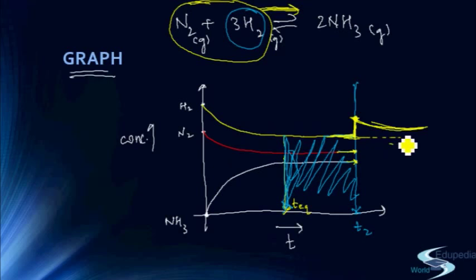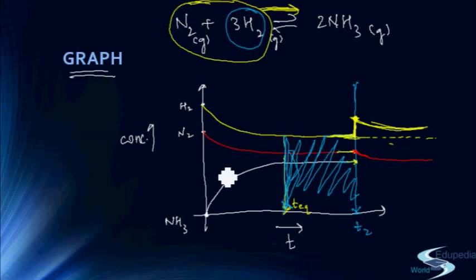So this is how it might look. Since the whole reaction is moving forward, even the amount of nitrogen will decrease, because whenever the reaction moves forward, the reactants get consumed. Though I did not change the concentration of nitrogen, it is bound to decrease somewhat. And since the reaction has shifted in the forward direction, the amount of ammonia is going to increase.